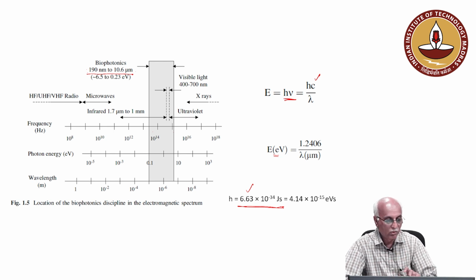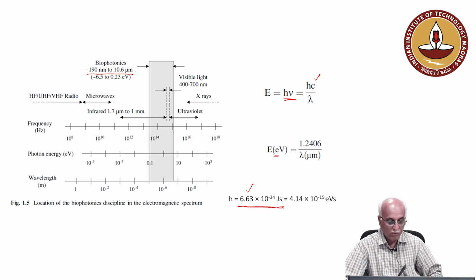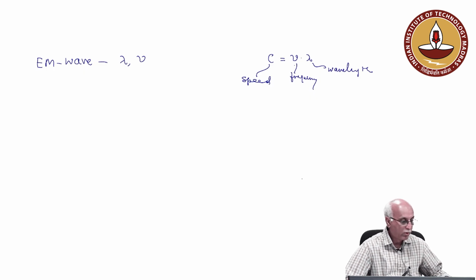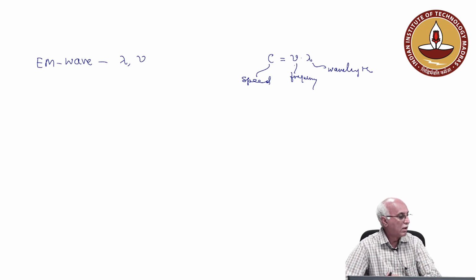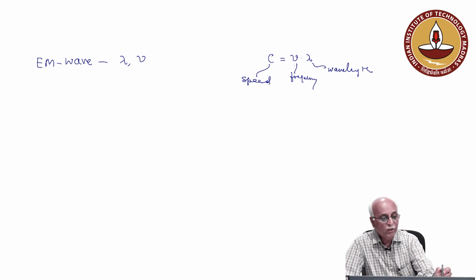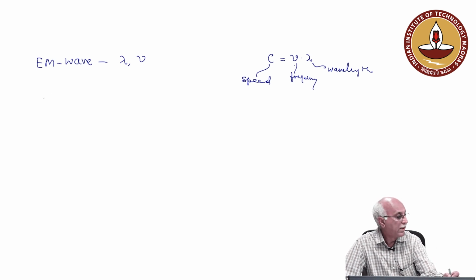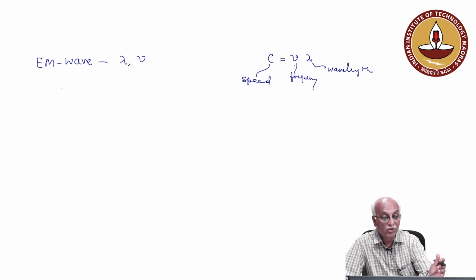So this is useful in understanding how photon energy can be determined based on the photon frequency or wavelength. The useful part of the spectrum for biophotonics applications ranges approximately from 190 nanometer to 10.6 micrometer.